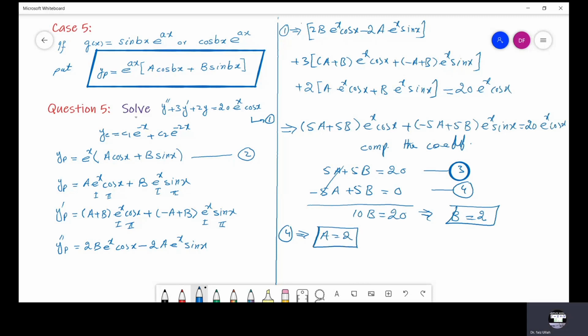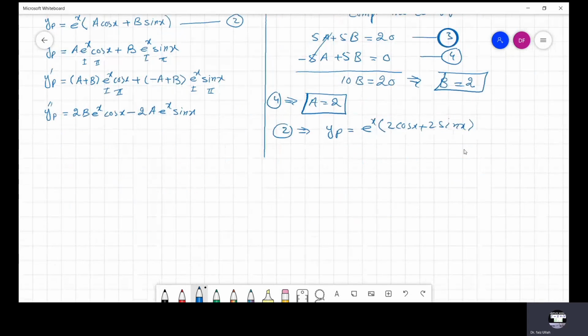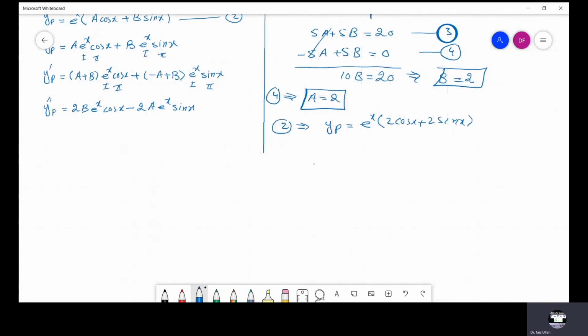So using the value of a and b in equation number 2, we get the value of yp, which is equal to e power x (2 cos x plus 2 sine x). And now let us obtain the general solution, which is y is equal to yc plus yp.